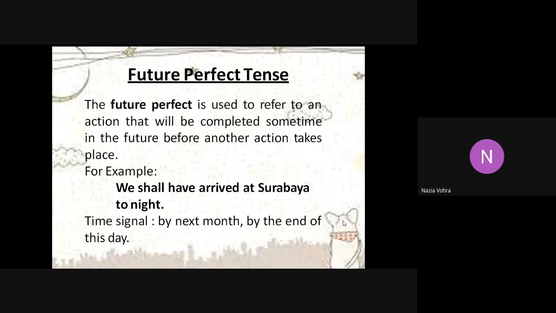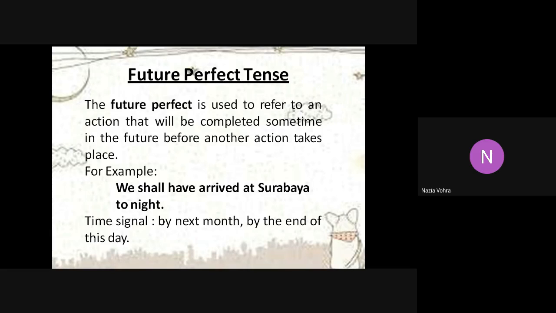So here you are telling your friend when you will arrive. Today in the night or maybe in the evening or at some point of time in the future. Maybe by next month or by the end of the day or tomorrow. So it has some time frame.